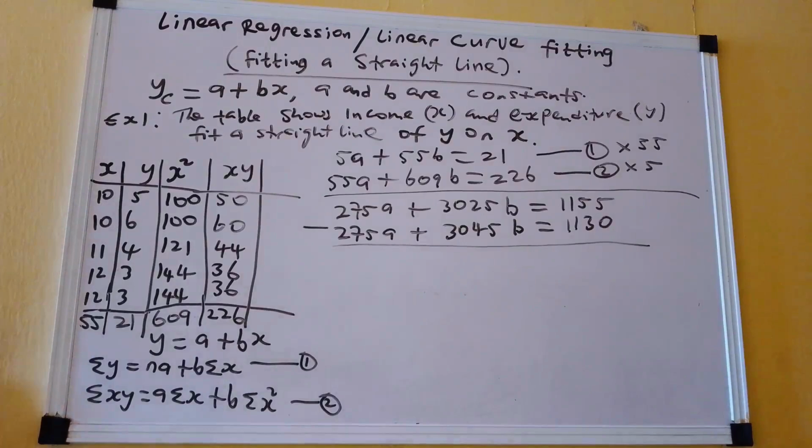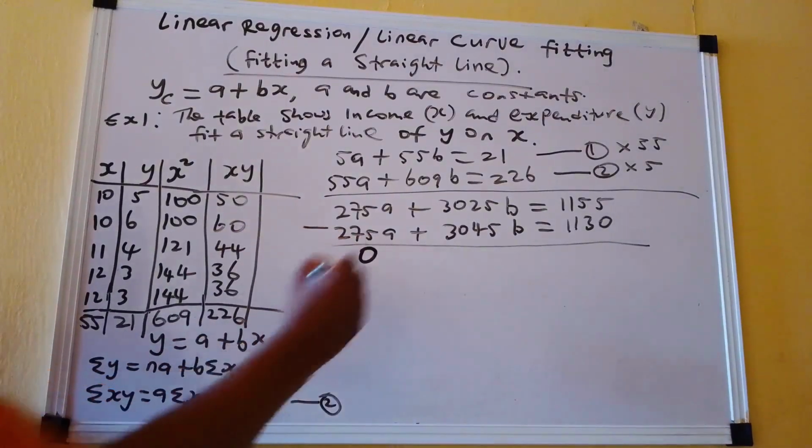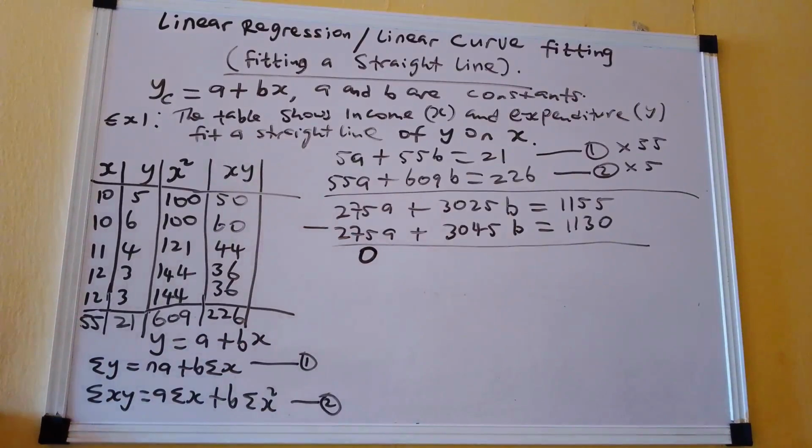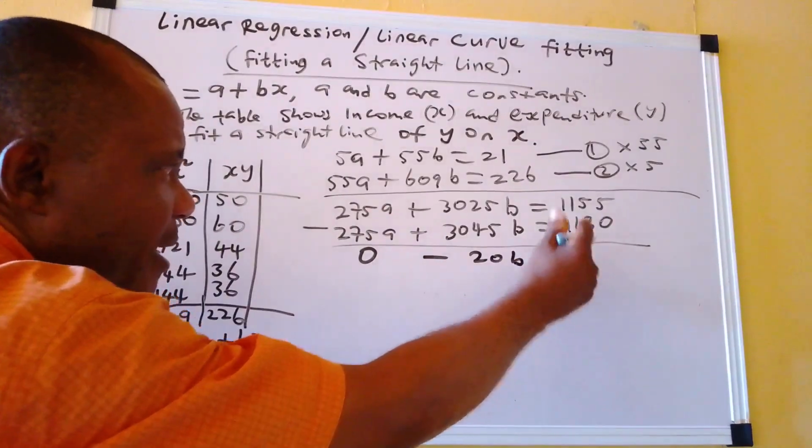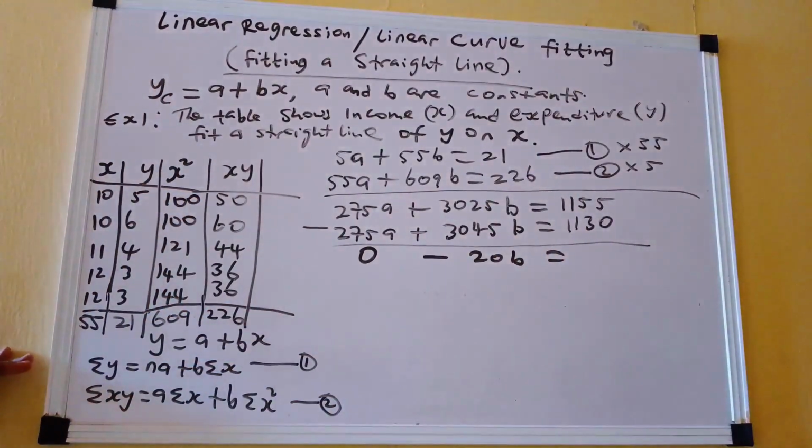Now if we come, 275A minus 275A, this will be 0. 3025B minus 3045B, this will be minus 20B, is equal to 1155 minus 1130.